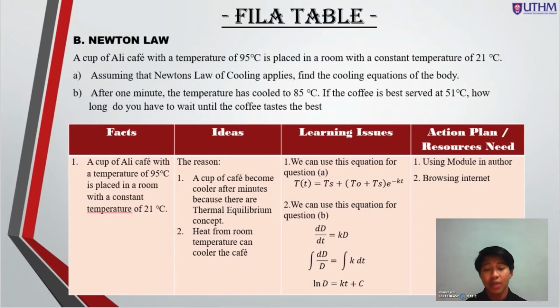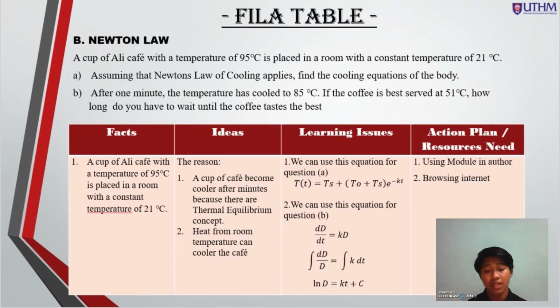For question A, we can use this equation: T(t) equals Ts plus (T0 minus Ts) e to the power of negative kt. For question B, we can use this equation: dT over dt equals kT.